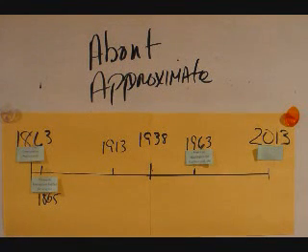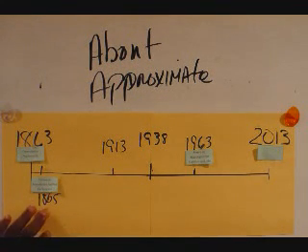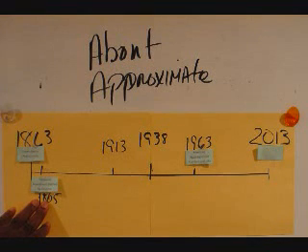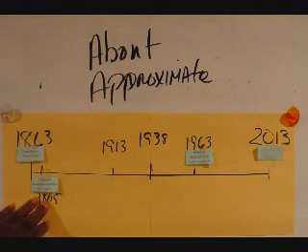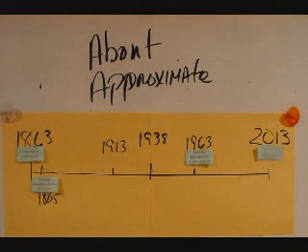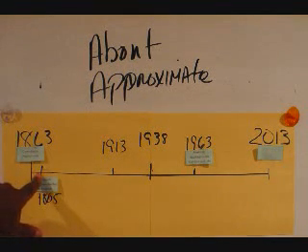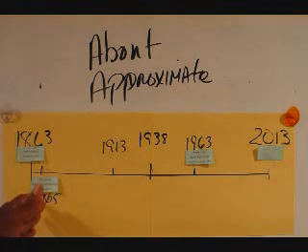Again, I'll show you the final product so you can see, but I would recommend the kids start writing the dates in. Probably start doing everything with tape, write a lot of dates in pencil, because we have to make a lot of adjustments as we add a lot more information. So now we're talking about approximation. So we can approximate it would be here, but we know it has to come after 1863.